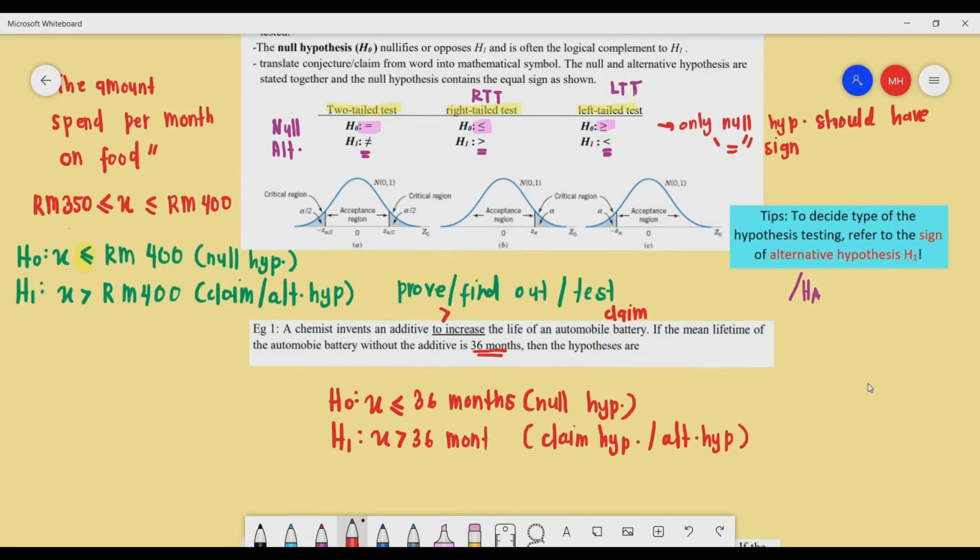Okay, and what type of test is this? Okay, we look at the alternative hypothesis sign, which is greater. Therefore, this one is a right tail test. So let's draw. Okay, so this one is a right tail test.